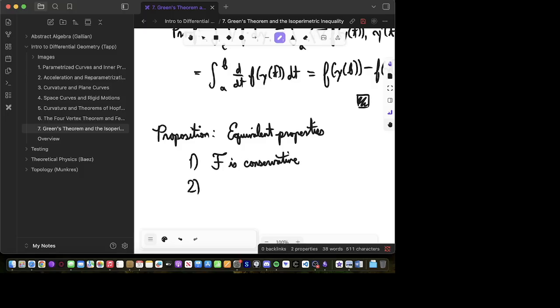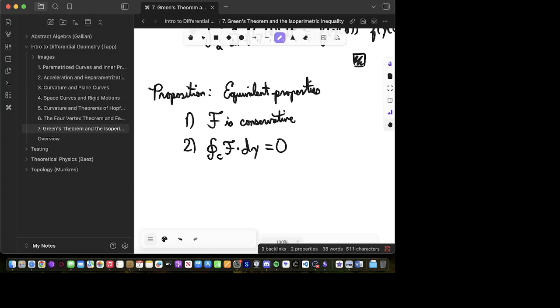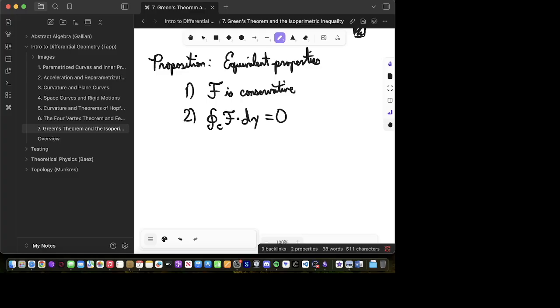So if we suppose a vector field F is conservative, then the closed line integral of F will always be equal to 0, no matter which curve. So long as it's closed, it's going to be 0.